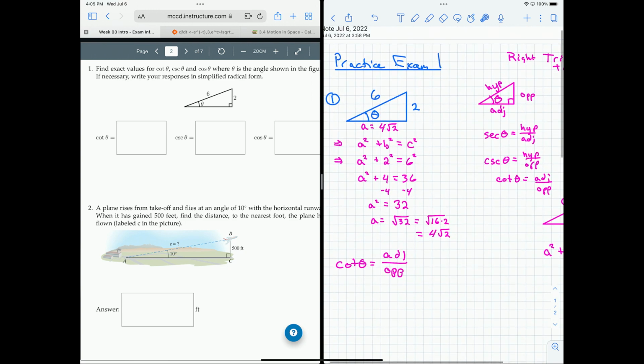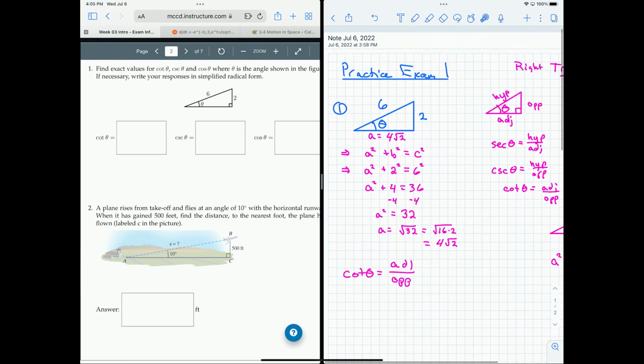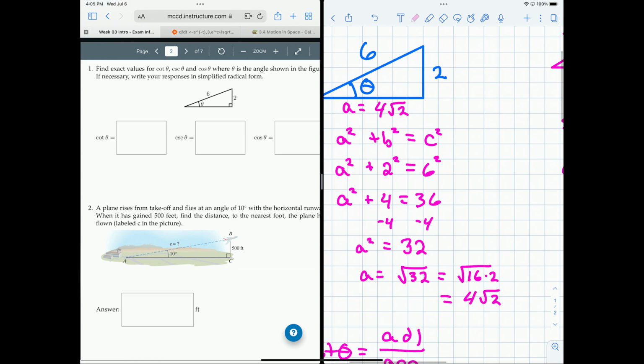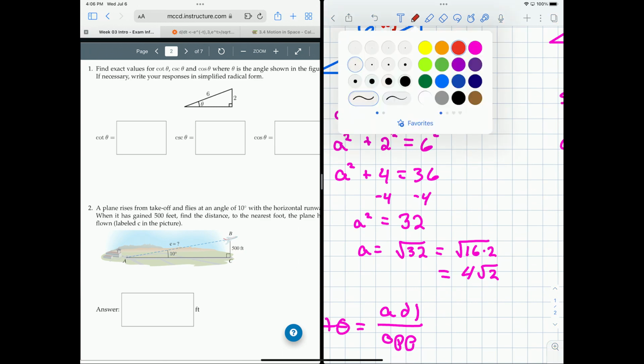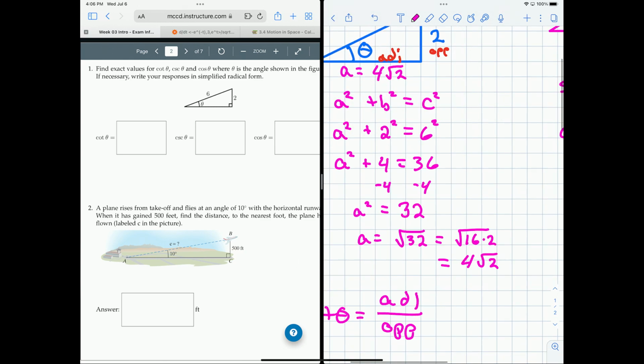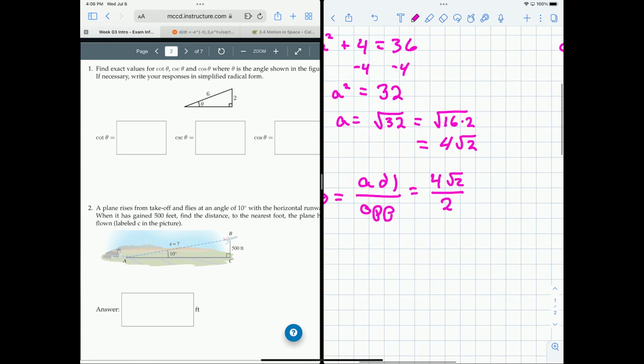And we know what those sides are because I didn't label them here, but this is the opposite side. This is the hypotenuse. And then down here is the adjacent. So if we're looking for the adjacent side over the opposite side, the adjacent side is 4 root 2, and the opposite side is 2. And if you want to simplify that, you can, and you would have 2 root 2 as your answer. So that's the first box.